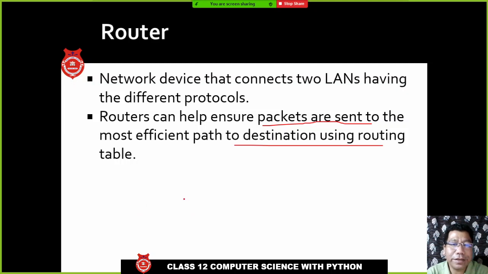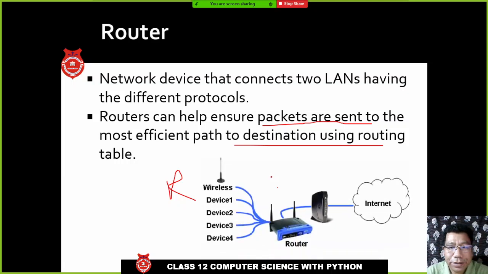That routing, sending data the best possible way, is done by the router. Routers are like a traffic police. I hope it's clear.